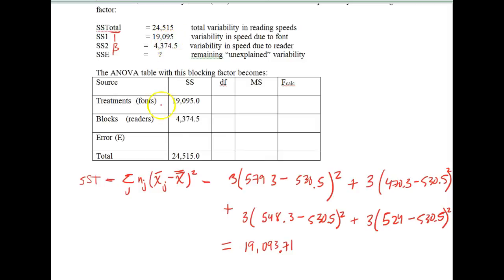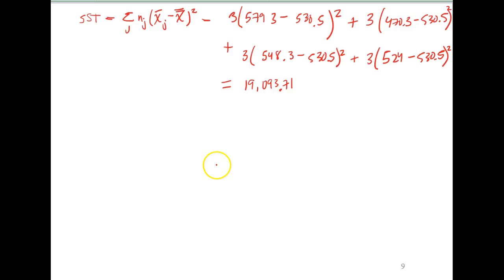I assume it's just rounding error or something like that. So whatever you want to do is fine. So 19,095 or 19,071. I'm sure the output will give us the exact number. So that's that. And now we're going to do the blocks.